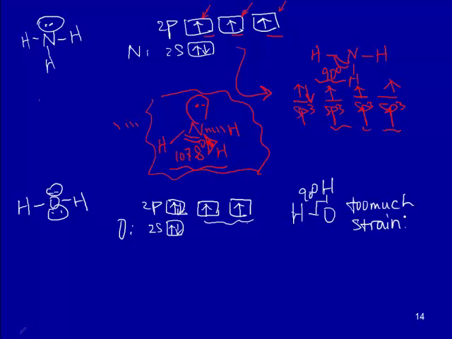So nature has a better way of handling that. You take all this, mix them up, and then you have 4 sp3 hybridized orbitals.